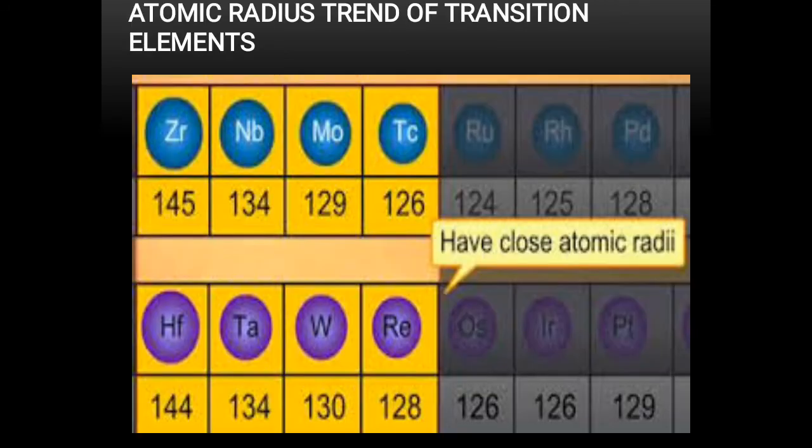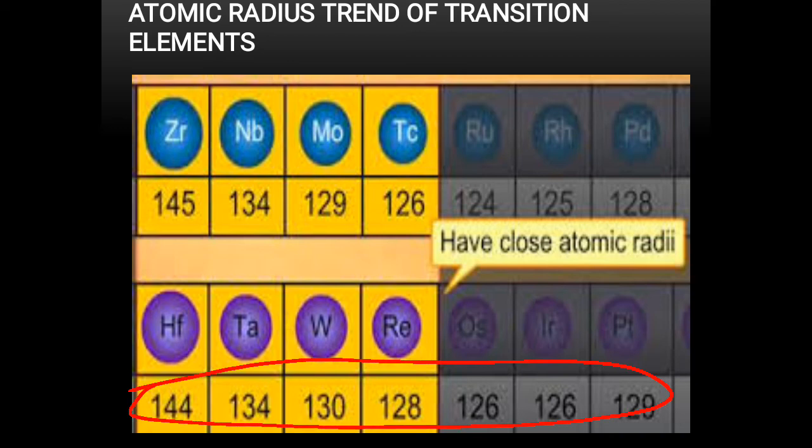I would expect the same trend of atomic radius in transition elements, but this is not very prominent, meaning the difference in distance is not very large. Why is this so? First, I see the distances in a period of transition elements. You know what transition elements are?